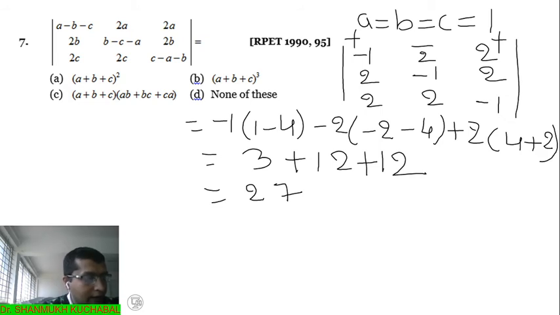So we take a equal to 1, b equal to 1, c equal to 1, 1 plus 1 plus 1, so 3 square, we get 9, so this is not equal to 27. A is a wrong answer. Now I take 1 plus 1 plus 1, 3 cube, so it is 27. So B is the right answer here, right?